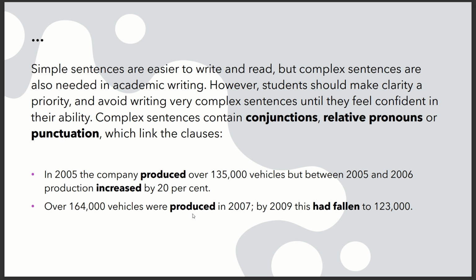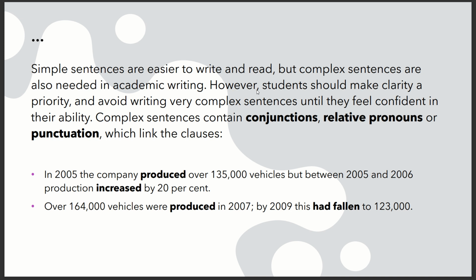So simple sentences are easier to write, as you can see here, and also much easier to read. But complex sentences are also needed in academic writing. However, students should make clarity a priority. This is something that many students don't care about, or they just ignore.